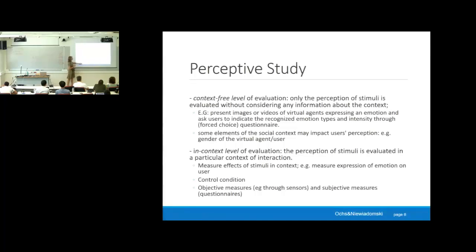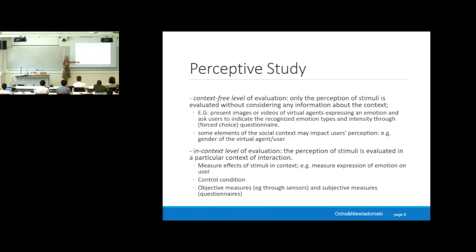You can also measure, for example, how an expression of emotions will impact the interaction. So you may have, as a control condition, an interaction with no emotions, and a condition with different emotions, and you want to have objective measures.